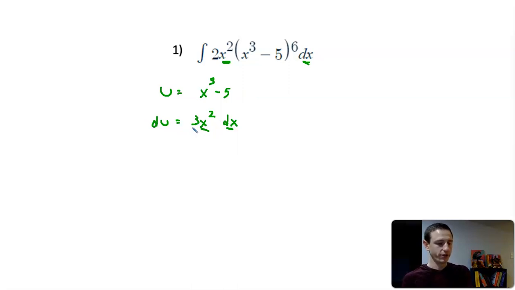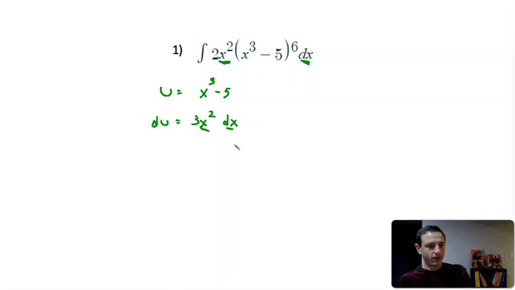Now I know I have this 3 here, which we'll deal with in a second, but I'm hoping you're seeing that this is going to be pulled out of the problem and replaced with du. And then I have this 2, but it's a constant, same concept as this 3. I really don't have to worry about the constants right away.